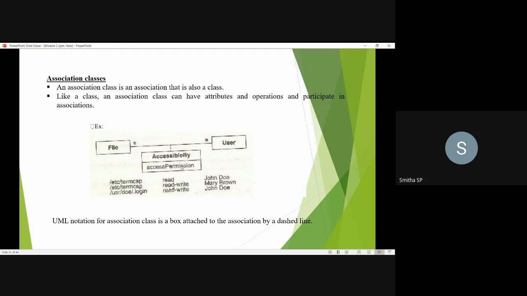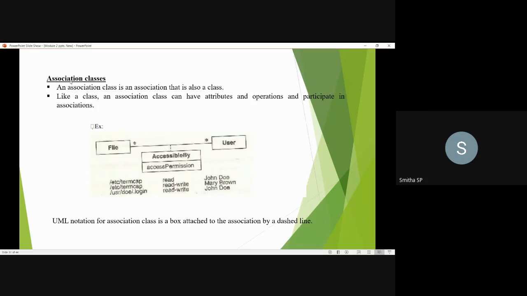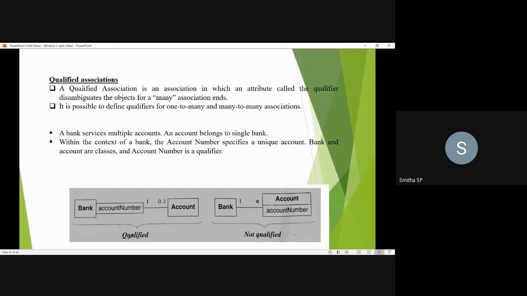Now let's move on to the next concept, qualified association. We got an idea about what an association class is. Now what is a qualified association? A qualified association is an association in which an attribute called the qualifier disambiguates the objects for a many association end.